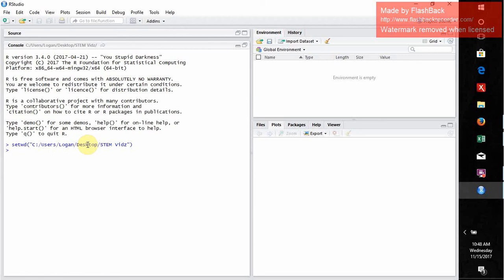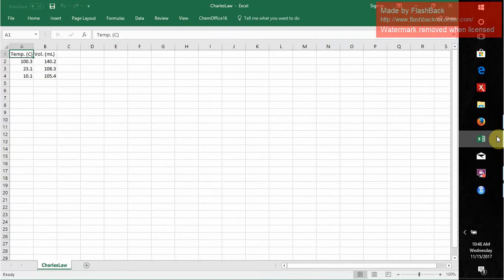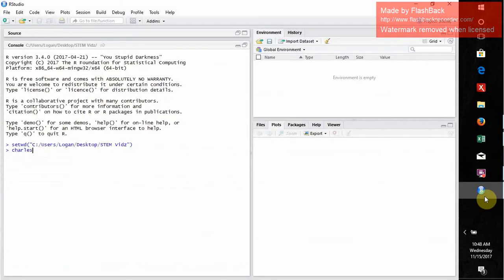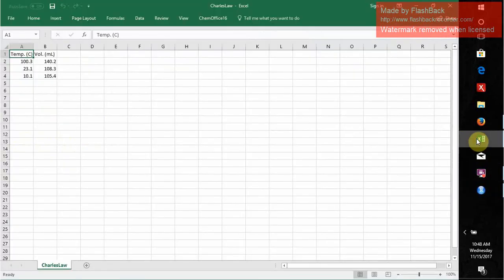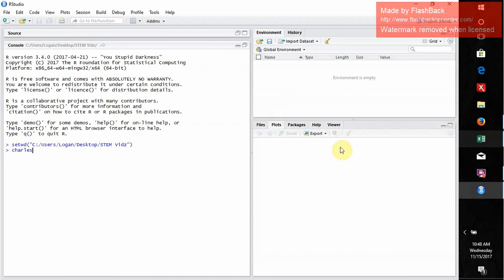So what I want to do now is import the data in this spreadsheet into RStudio. So again, this spreadsheet is in the working directory, so we have to set that first. I'm going to call this spreadsheet Charles Law.